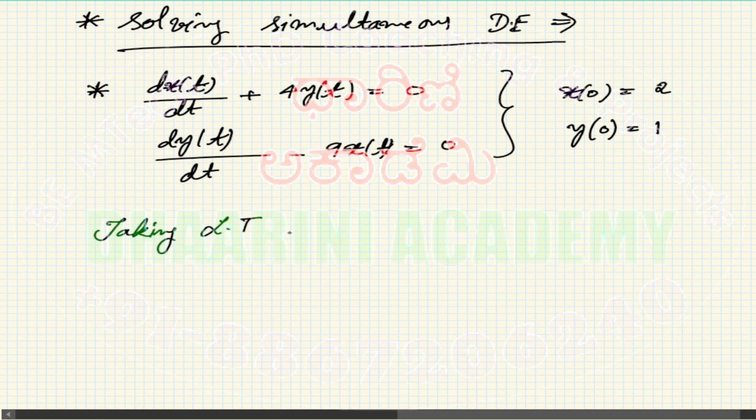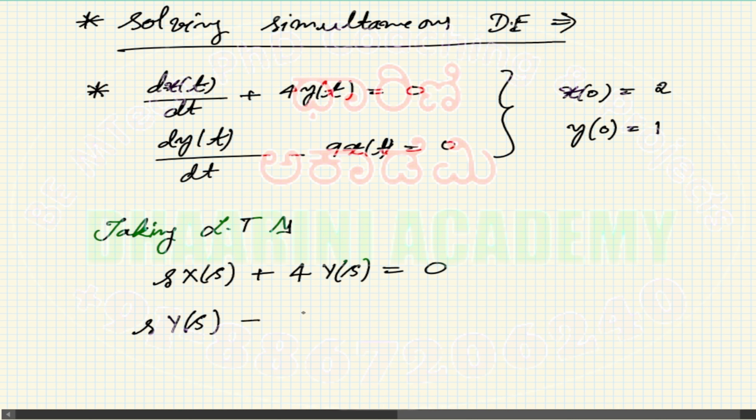Taking Laplace transform, dx of t by dt has to be s into x of s, plus 4 times y of s equals 0. And the second equation becomes s into y of s minus 9 times x of s equals 0.